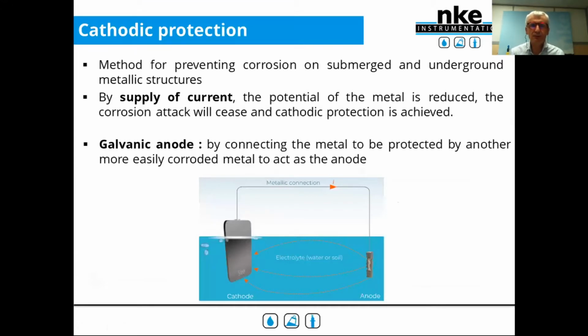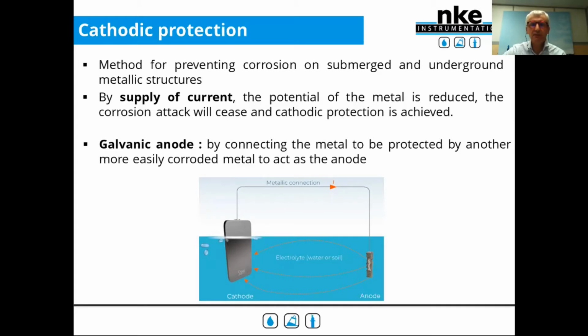I just want to make a short introduction to the different methods which are used for preventing corrosion on submerged and underground metallic structure. The first one is supplying a current, so the potential of the metal is reduced, the corrosion attack will cease, and cathodic protection is achieved. And the second method used is based on galvanic anode, by connecting the metal to be protected to another, more heavily corroded metal to act as the anode.